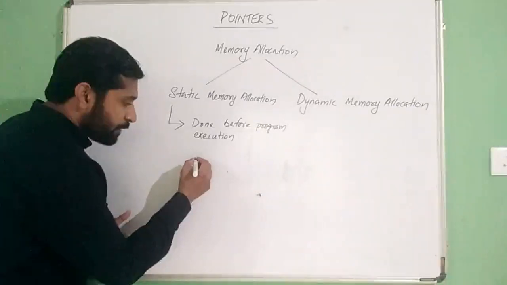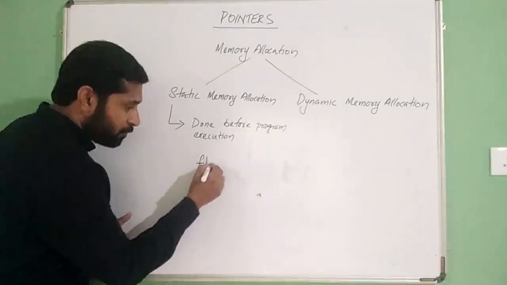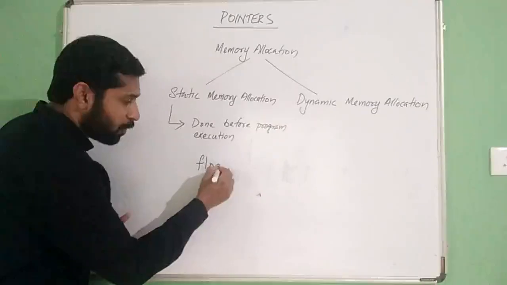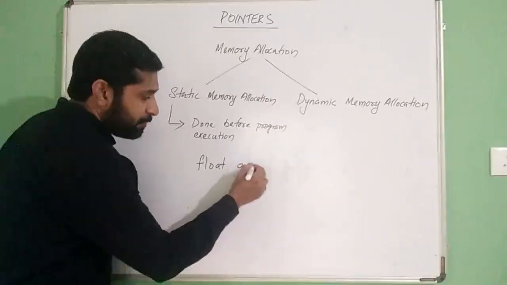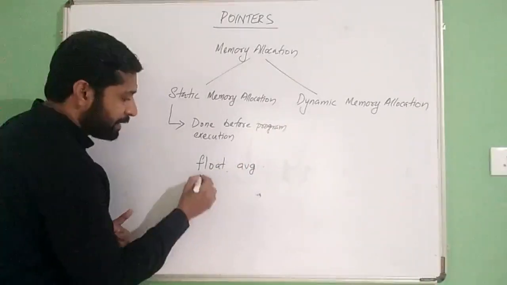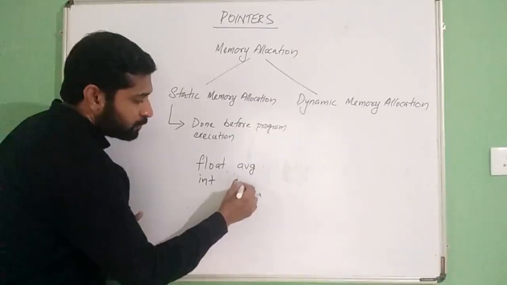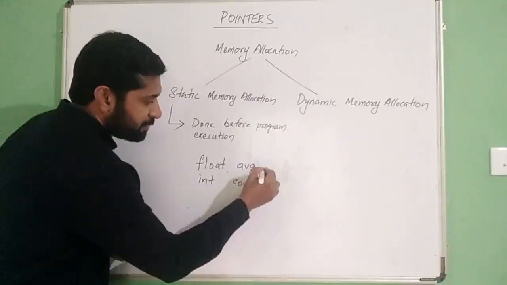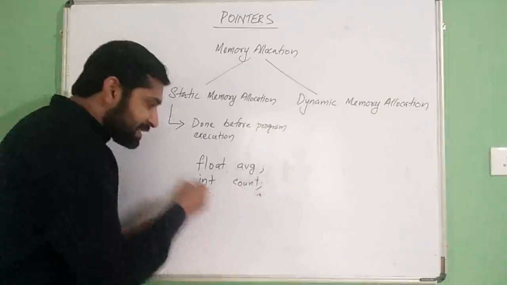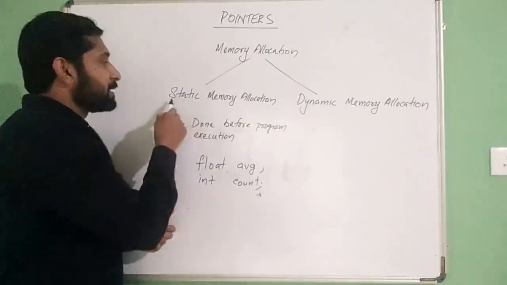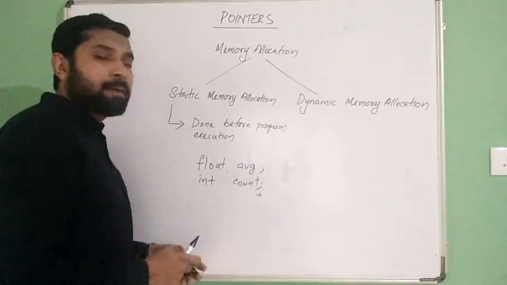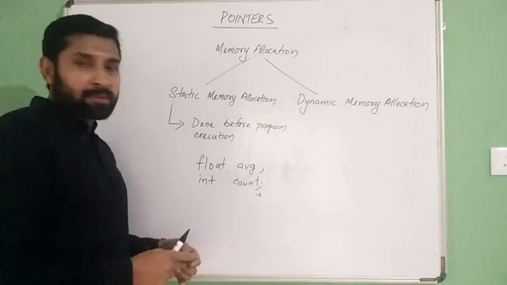In our programs we have learned statements like this: float avg, int count, etc. These types of declaration are static memory allocation.